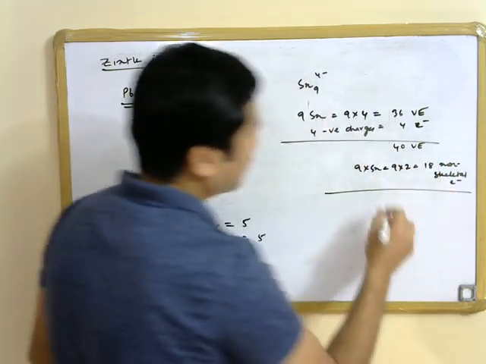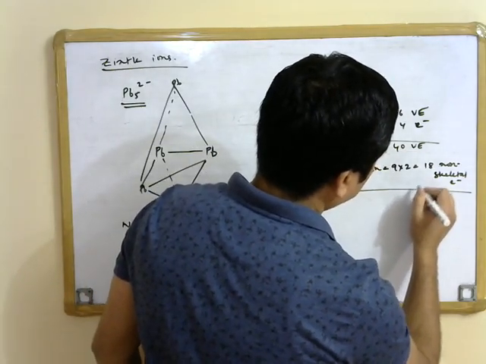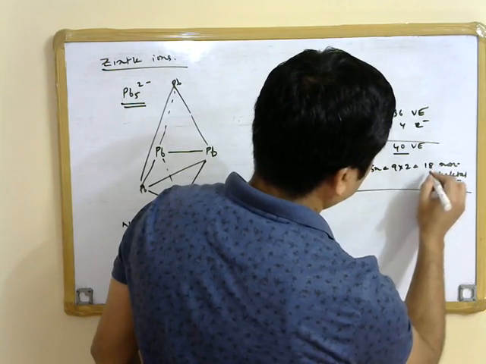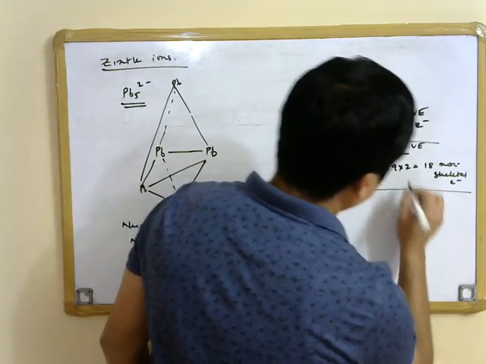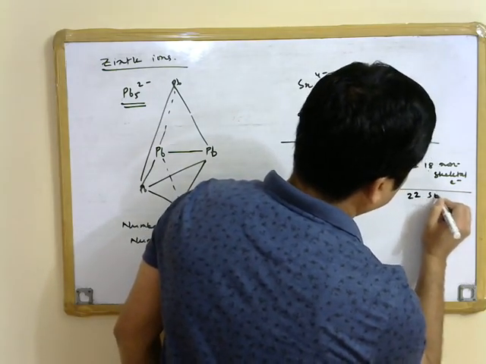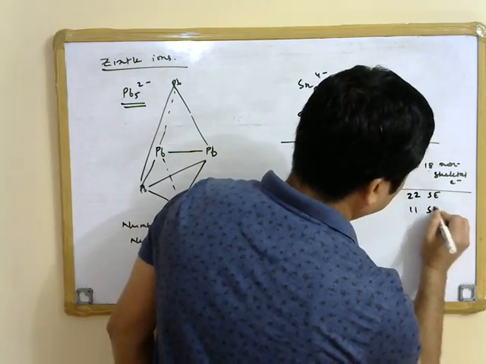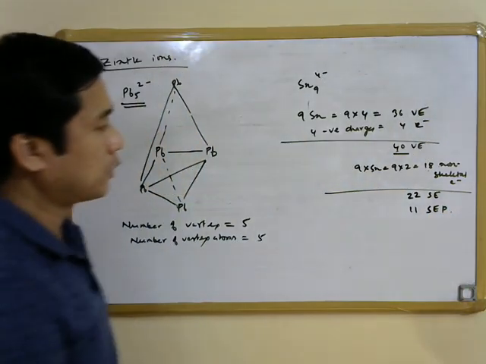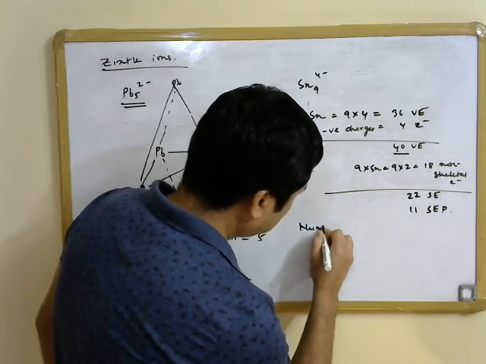So when we deduct 18 from 40, what we have is 22 skeletal electrons. So this translates to 11 skeletal electron pairs.